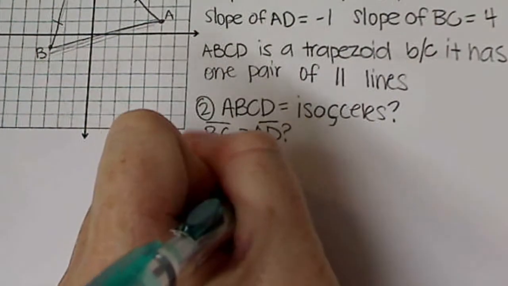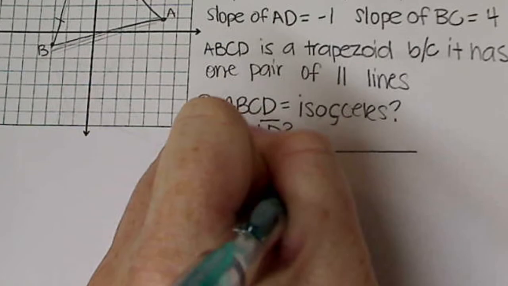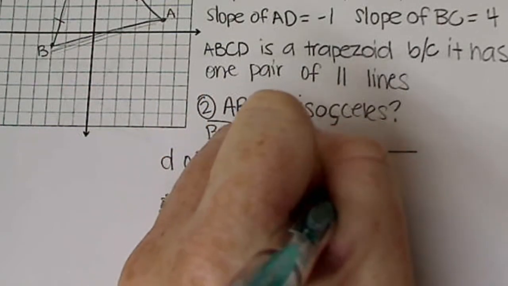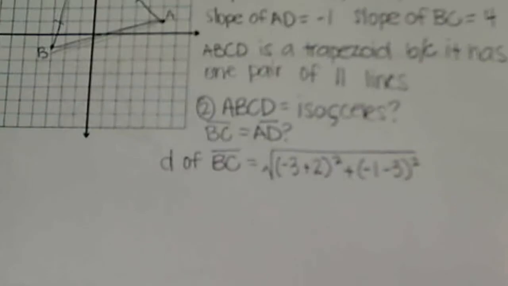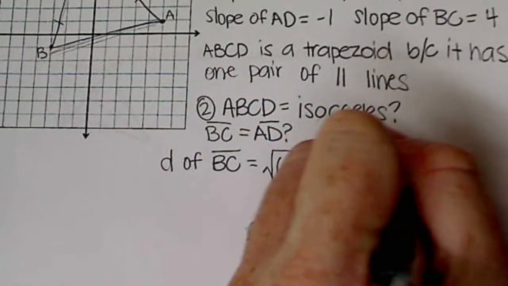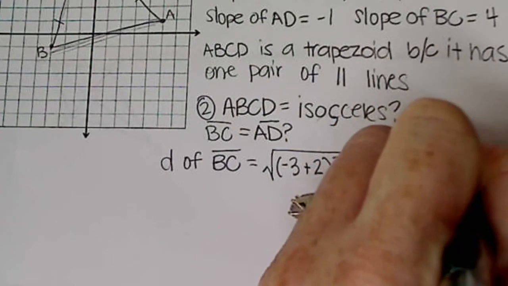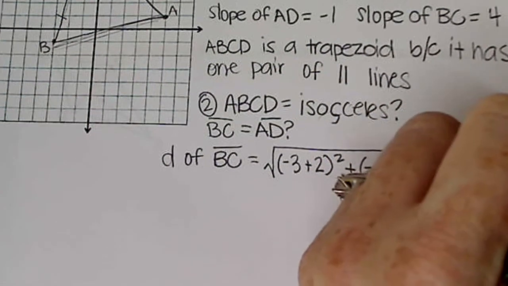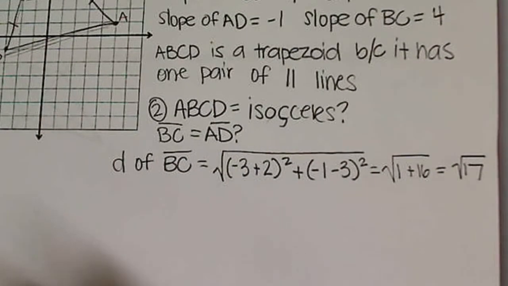Use distance formula. And let's go ahead and evaluate. You should get the square root of 1 plus 16, which is the square root of 17.